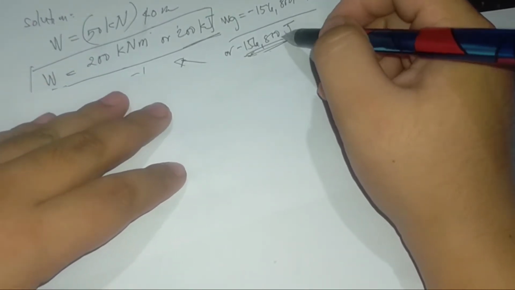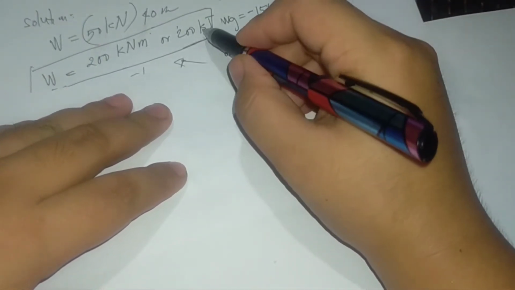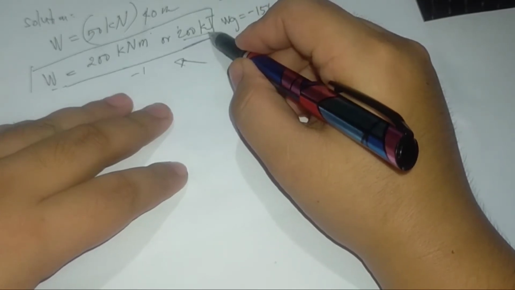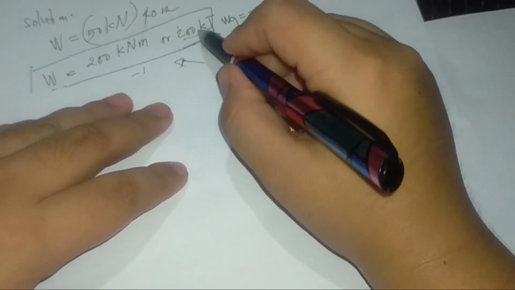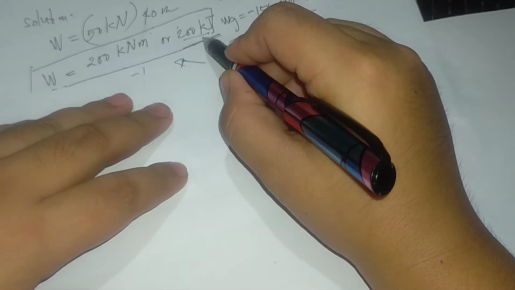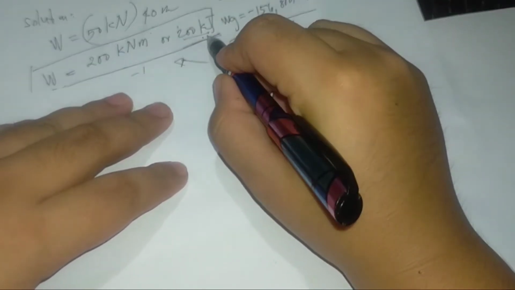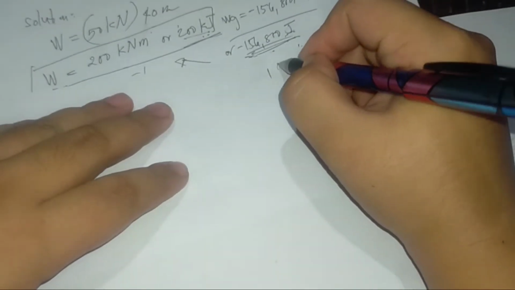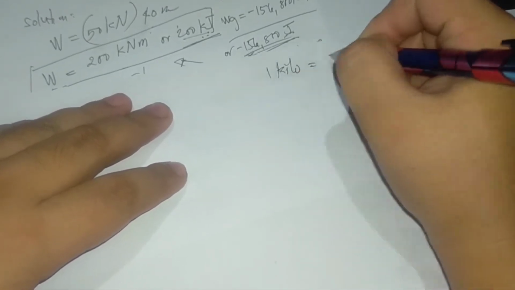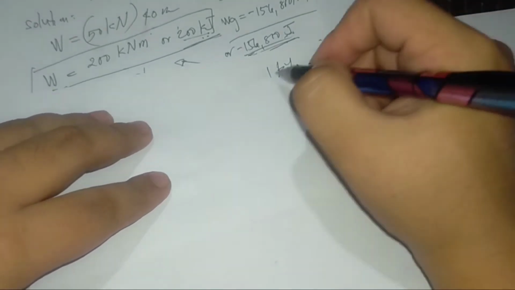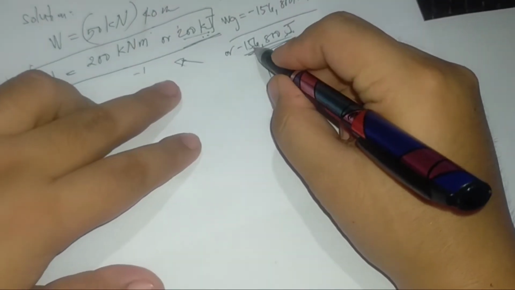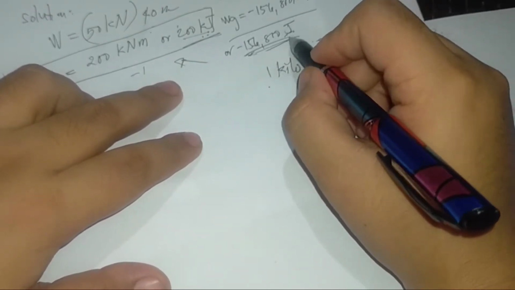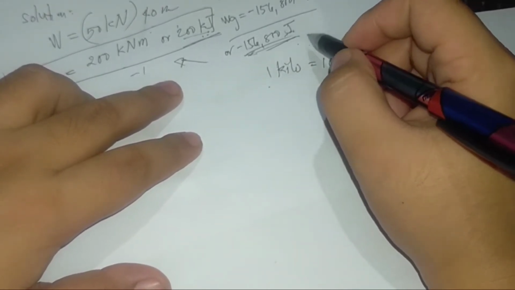Okay, so we have negative 156,800 joules. We should make this the same unit as the first solution, which is the work done. We should make joules into kilojoules. So, take note, 1 kilo is equivalent to 1,000. Meaning, negative 156,800 joules must be divided by 1,000.